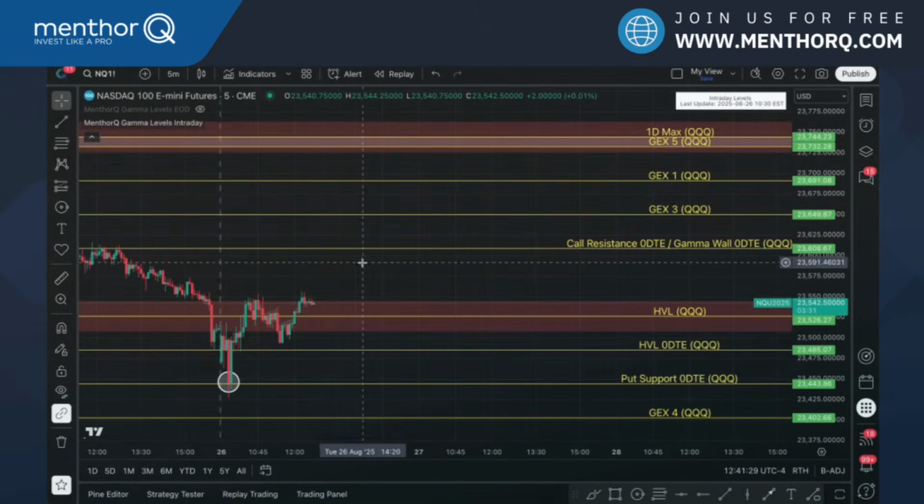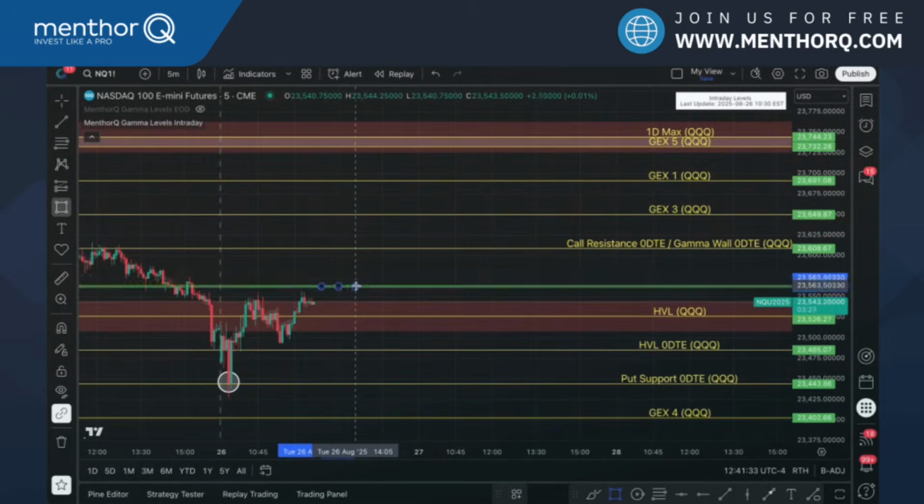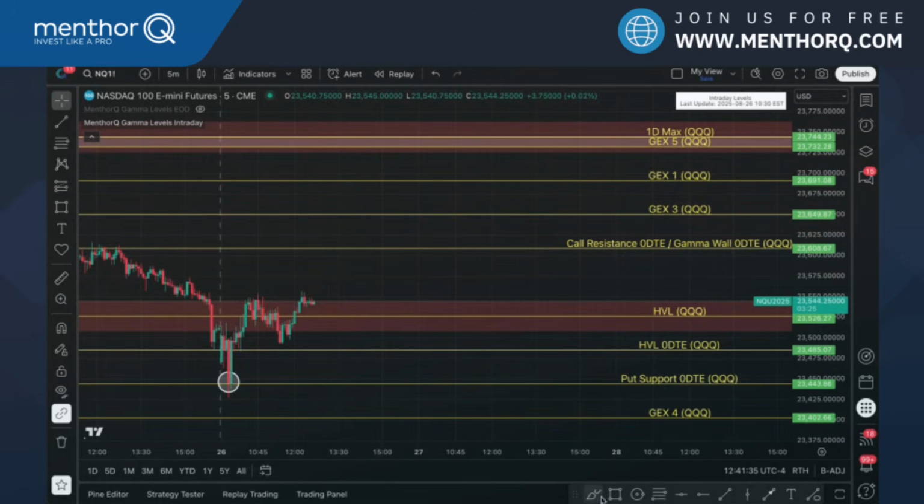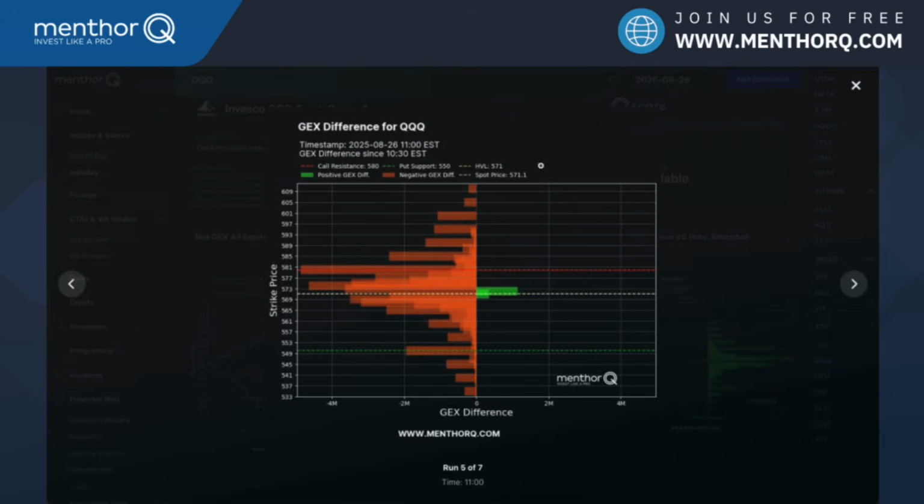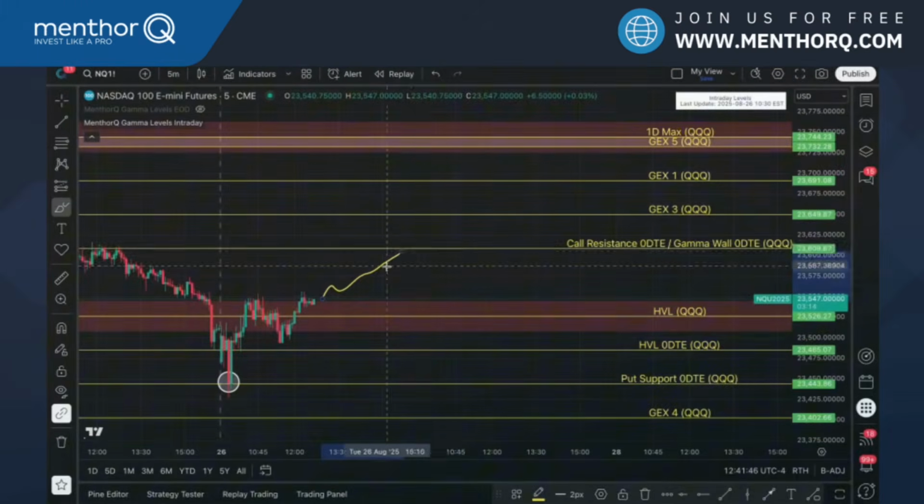So let's imagine that the price moves up towards this level, and I start seeing a different picture on my gamma difference. Then maybe I know that this is a strong level, gamma is changing. Why would I lose profit? So I might want to take my profit right there.